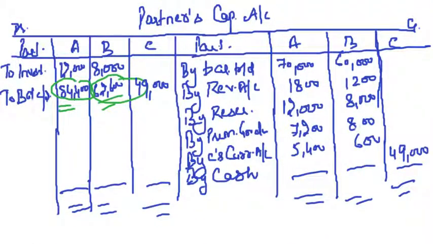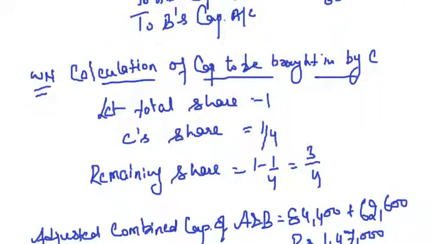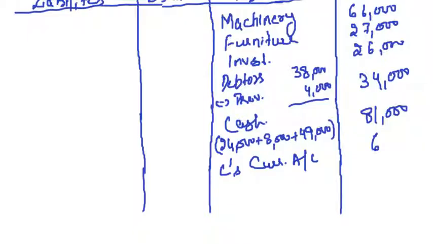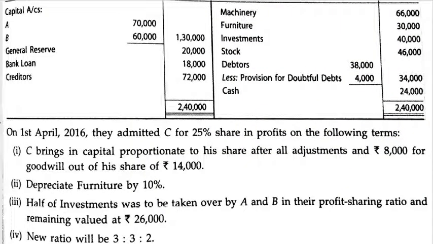For the goodwill part not brought in, we debited C's current account. He is our debtor. We have to recover the money from C, which is debited to C's current account. So here I will see C's current account as 6,000. Right?